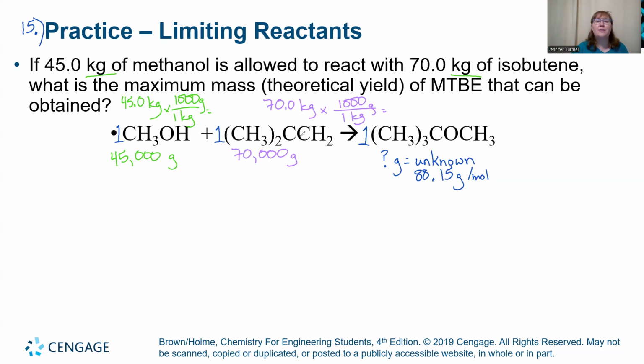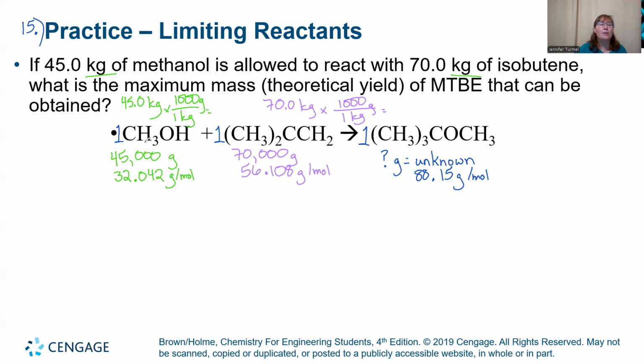Our CH3 2CCH2, which is isobutane, is 56.108 grams per mole. And my CH3OH is 32.042 grams per mole. All right. Excellent.